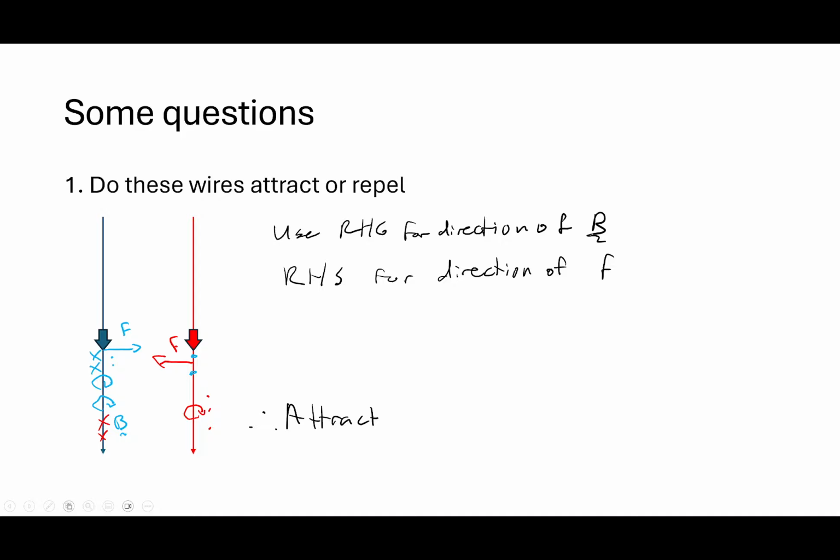So why are they the same wire but the direction of the force different though? Because the direction of the force is related to the direction of the current, but also the direction of the magnetic field acting on them.